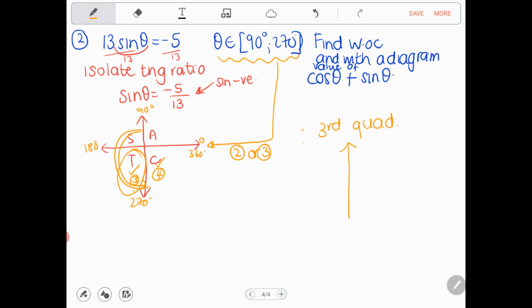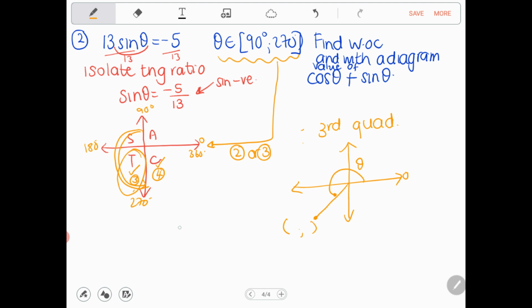So we go off and draw ourselves a nice angle. Remember, you start here, so this is the angle we're dealing with, and we've got x, y, and r. I need to fill in what is x, what is y, what is r.